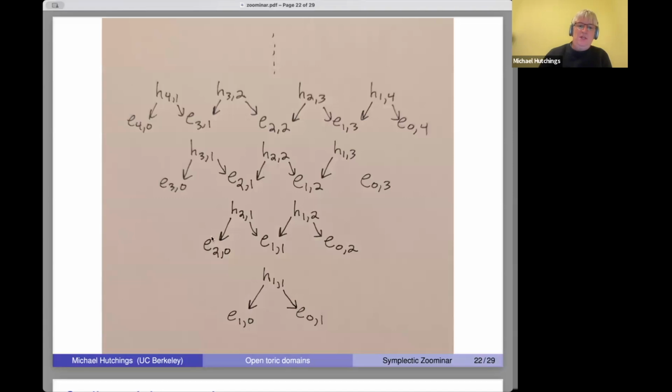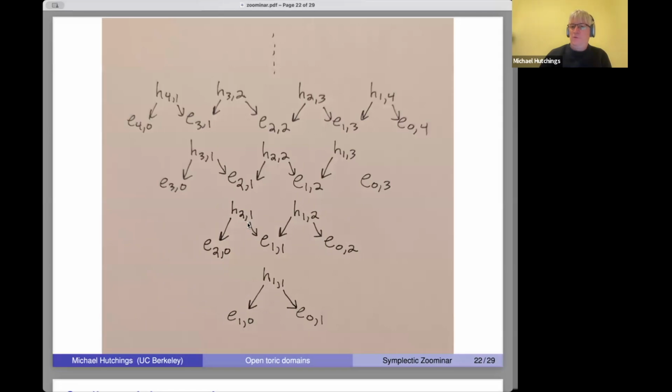And any of these E's is a cycle which generates the homology, because these arrows prove that all the different E's are homologous. Another remark is that all that matters is that these arrows are non-zero.